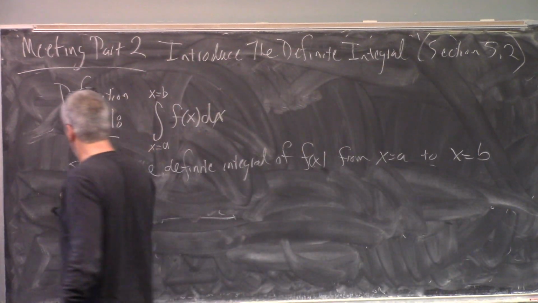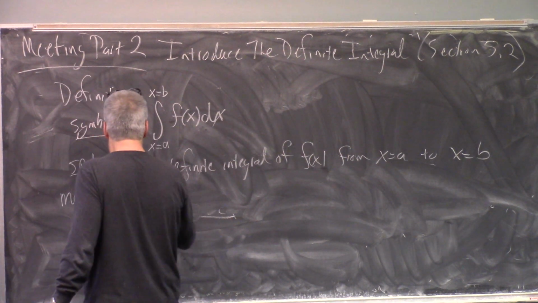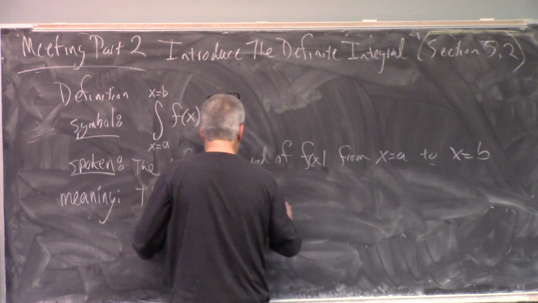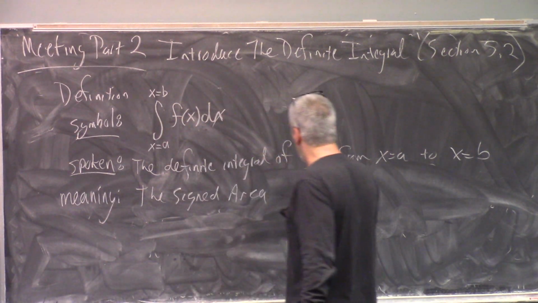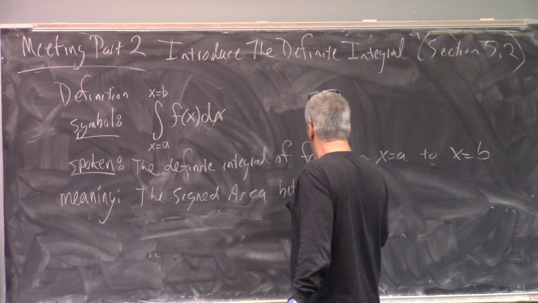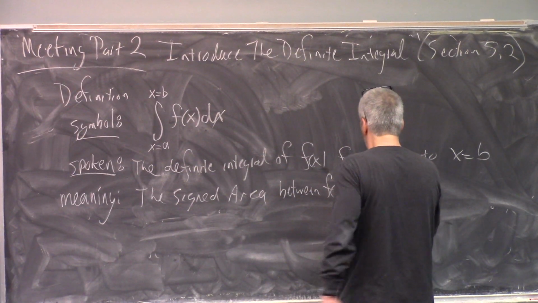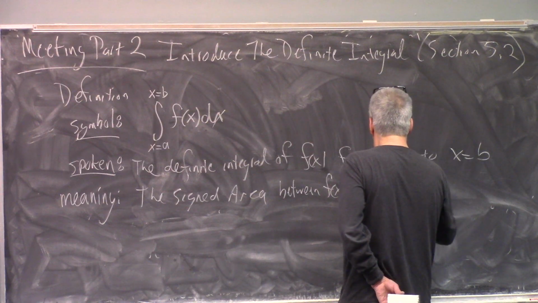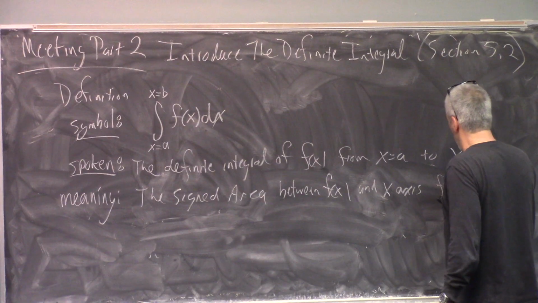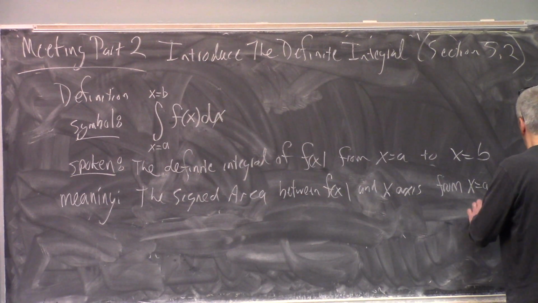And the meaning is the signed area between f and the x-axis. So the signed area between f of x and the x-axis from x equals a to x equals b.